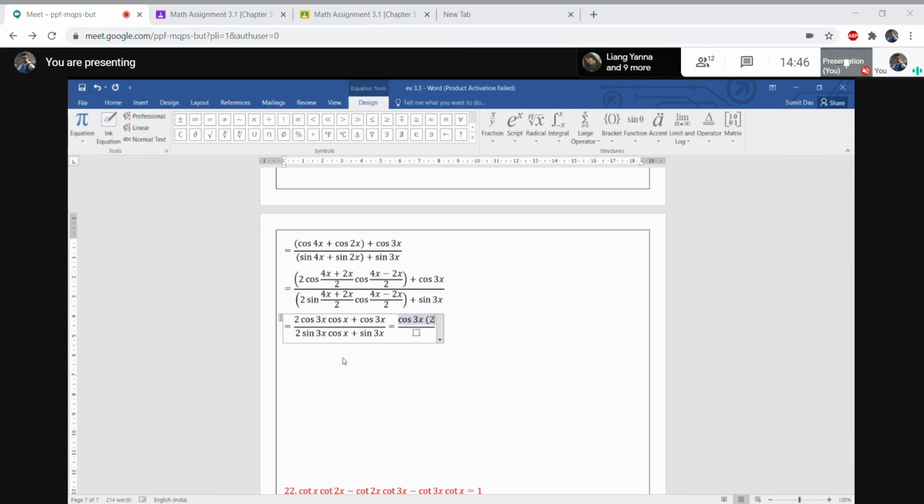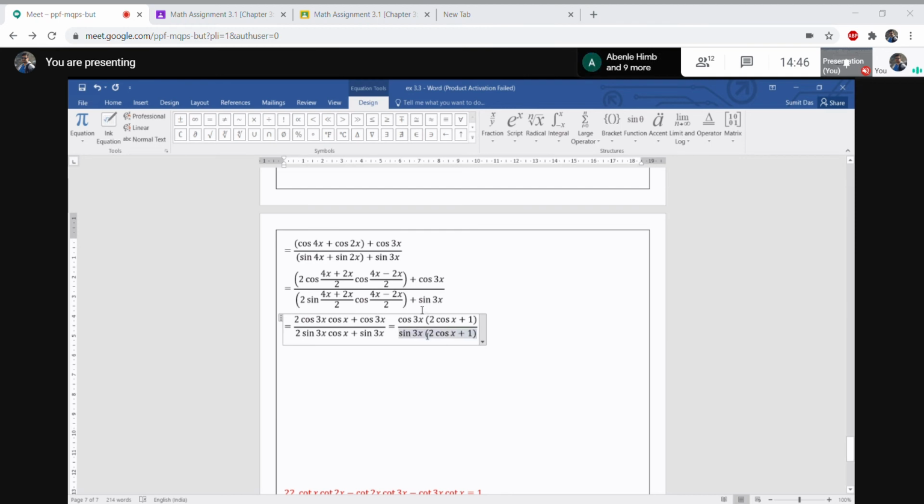It will remain 2 cos x plus 1, right? If you take cos 3x from here and here, what will remain? 2 cos x plus 1. And in the denominator, if you take sine 3x common, what will remain? 2 cos x plus 1.